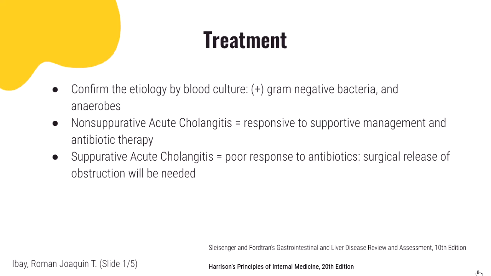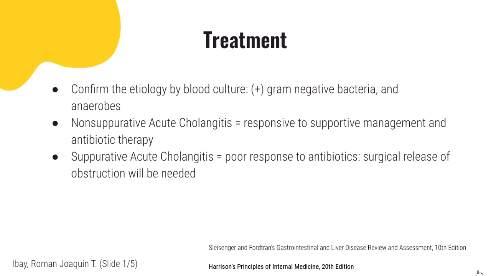For the next approach, which is based from Schlesinger, there are five components in the approach, which is confirmation, pharmacologic therapy, assessment, and intervention. So according to Schlesinger, it is important to confirm the etiology by blood culture. A positive gram-negative bacteria culture and anaerobic culture usually warrants immediate antibiotic therapy.